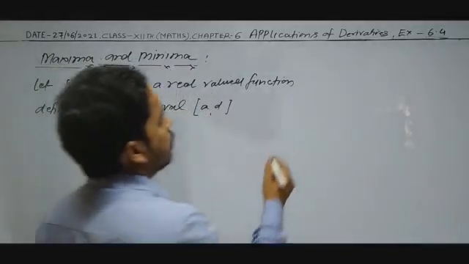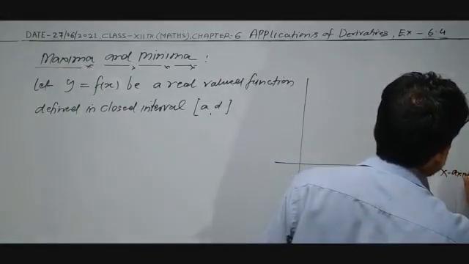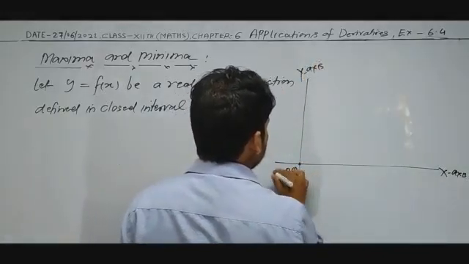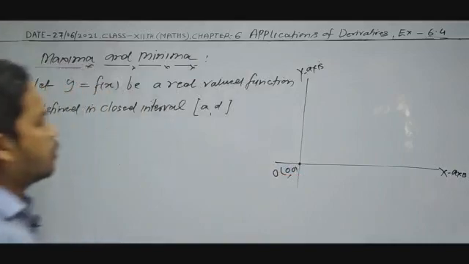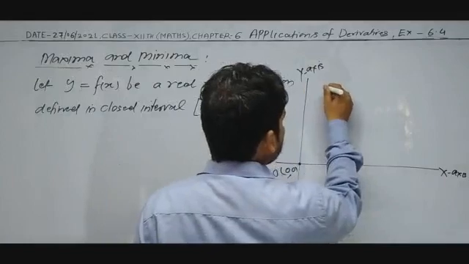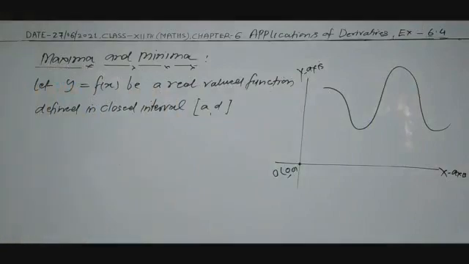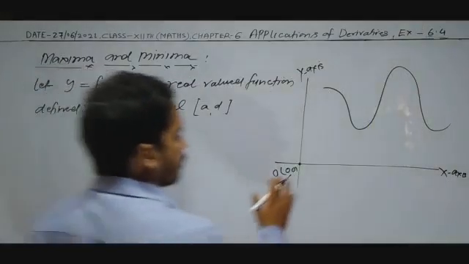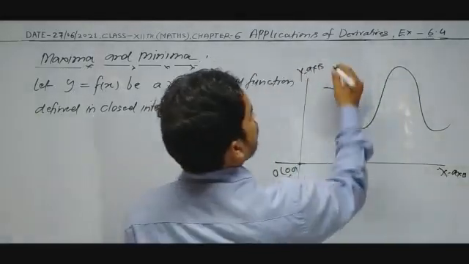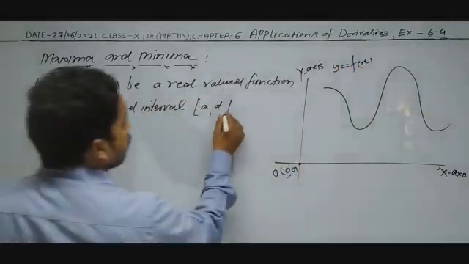So suppose this is the function. This is the x-axis, y-axis, origin, and I will draw the graph. Suppose this is the function y is equal to f(x), defined in closed interval [a, b].